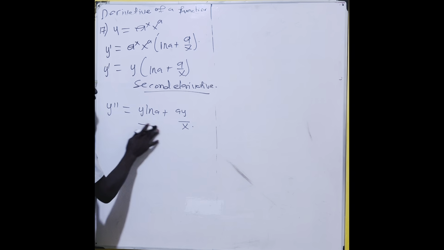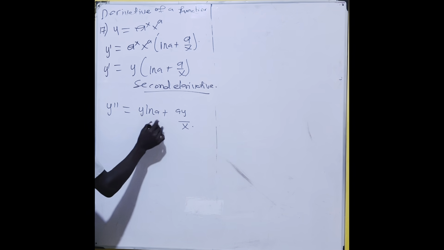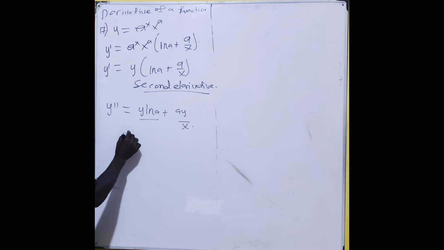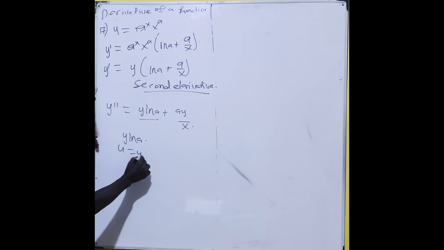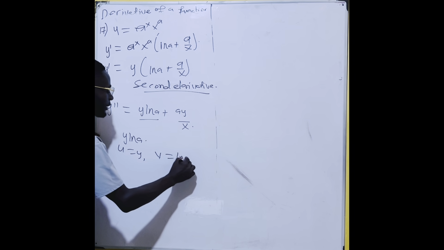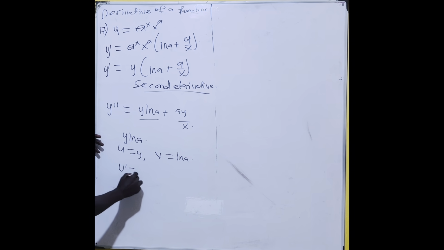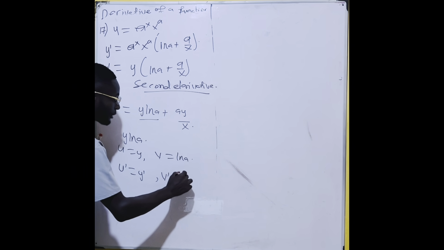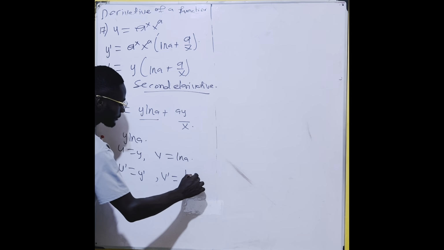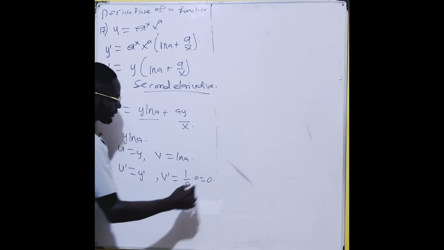Okay, so here we are going to have y ln a. u will be y, and v will be ln a, right? So our u prime will be y prime, and our v prime will be 1 over a times 0, and that is 0.